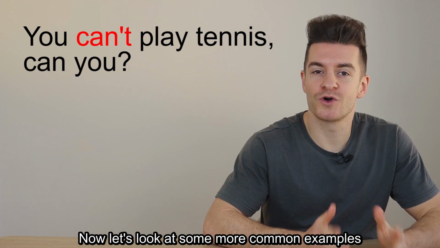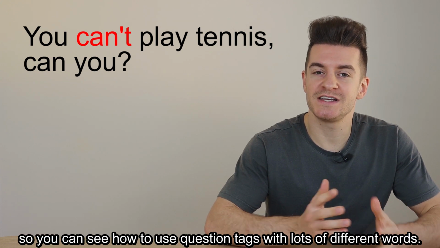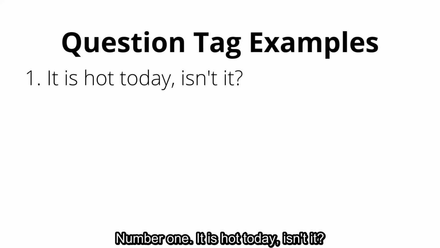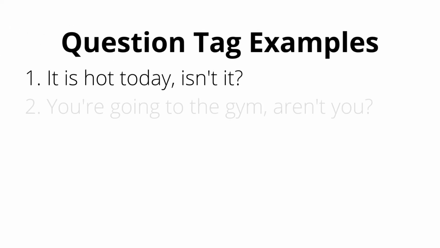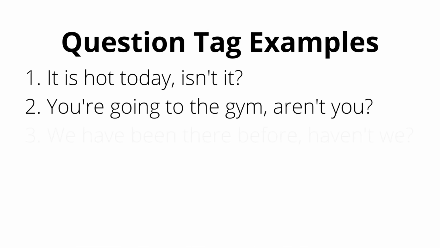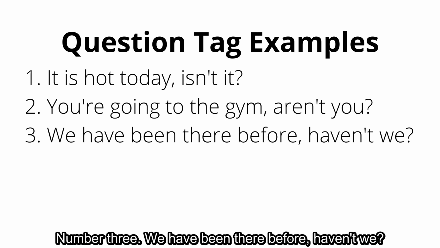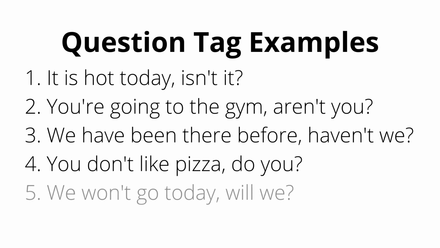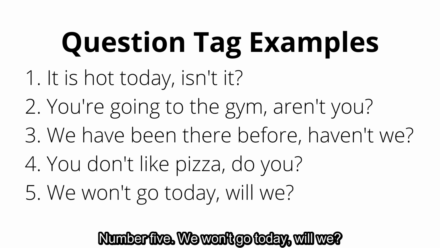Now let's look at some more common examples so you can see how to use question tags with lots of different words. Number 1, it is hot today, isn't it? Number 2, you're going to the gym, aren't you? Number 3, we have been there before, haven't we? Number 4, you don't like pizza, do you? Number 5, we won't go today, will we?